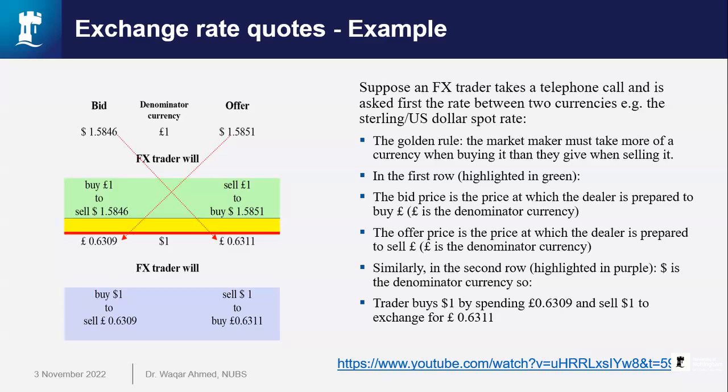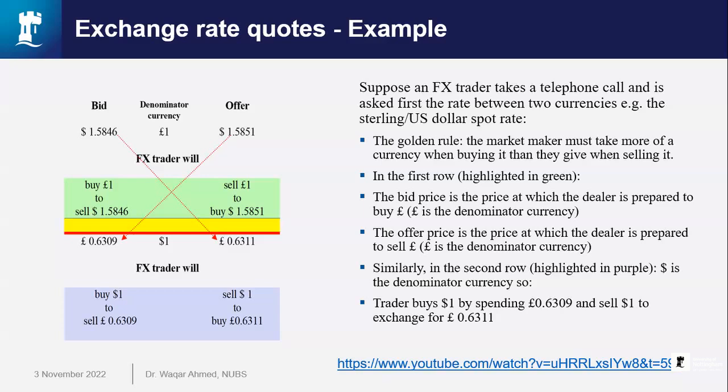And what I've done here in the lower part is the reverse of it, representing the British pounds per unit of dollar. So in the second row, dollar is the denominator currency.